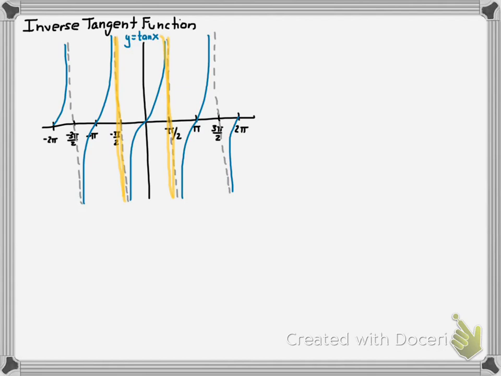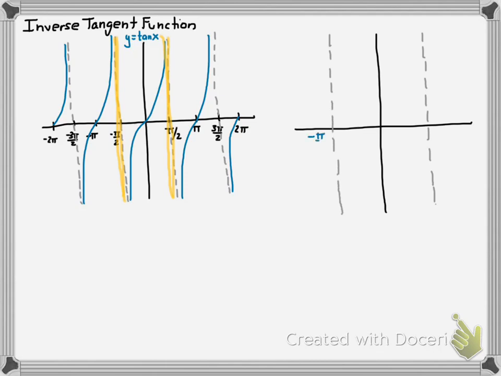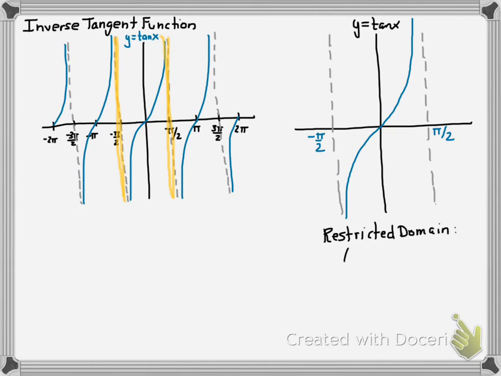So let's focus on just that middle portion of the tangent function. So here's a picture. We've got our two vertical asymptotes at pi over 2 and at negative pi over 2. And we're just going to focus on this graph. Now, some important features about this are that our restricted domain is now negative pi over 2 to positive pi over 2.